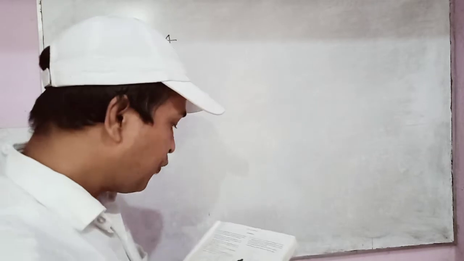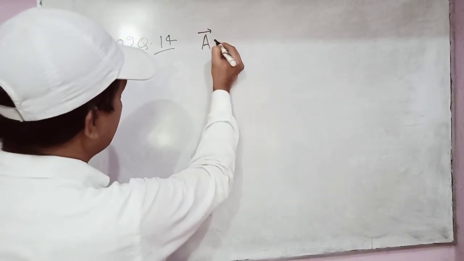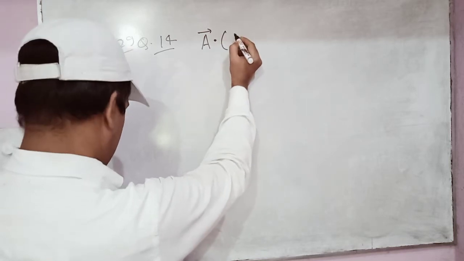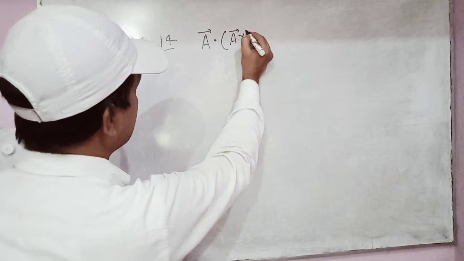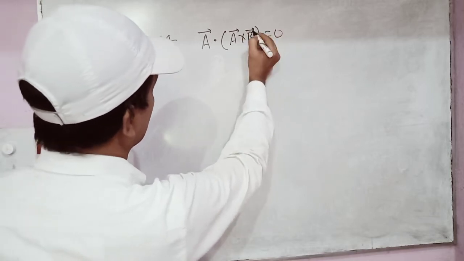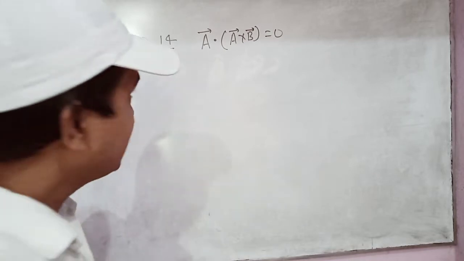The question says we have to prove that vector A dot (vector A cross vector B) is equal to 0. So let us start solving this problem.